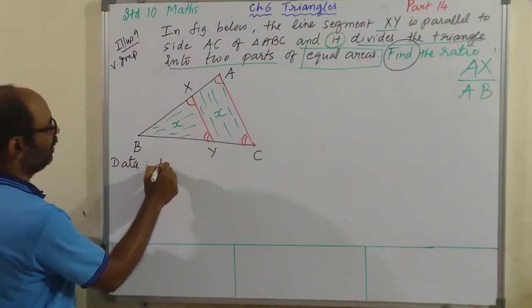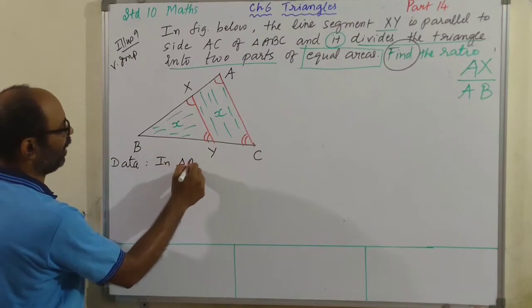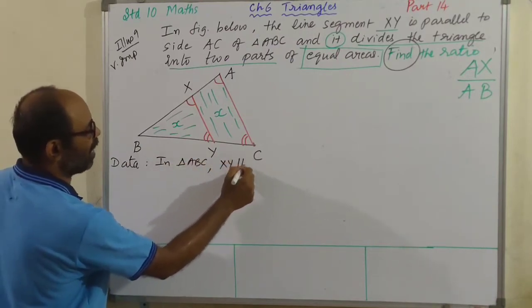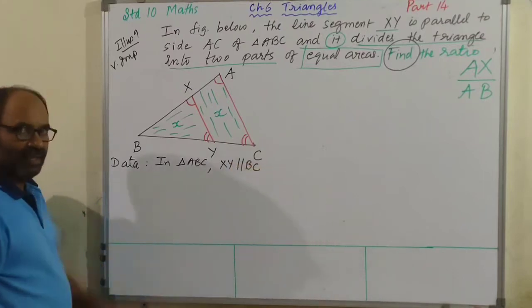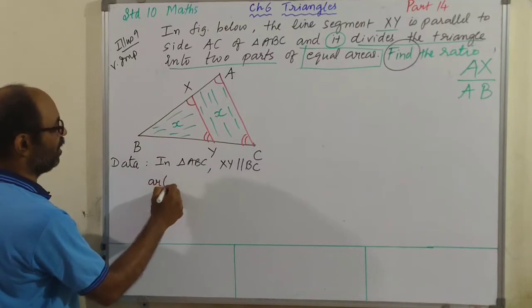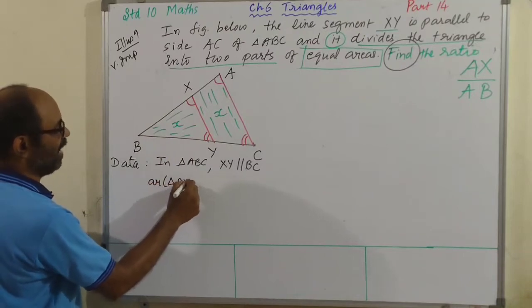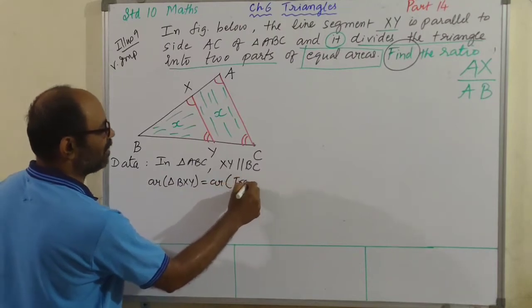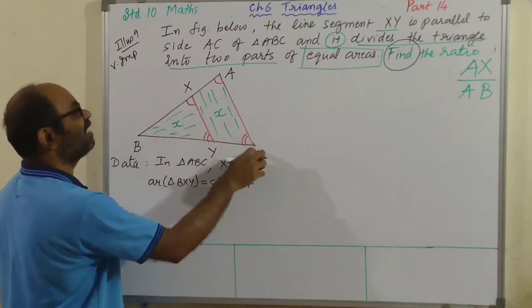Data. In triangle ABC, XY is parallel to BC as shown in the figure. And now it's very important. Area of triangle BXY is equal to area of trapezium XYCA.